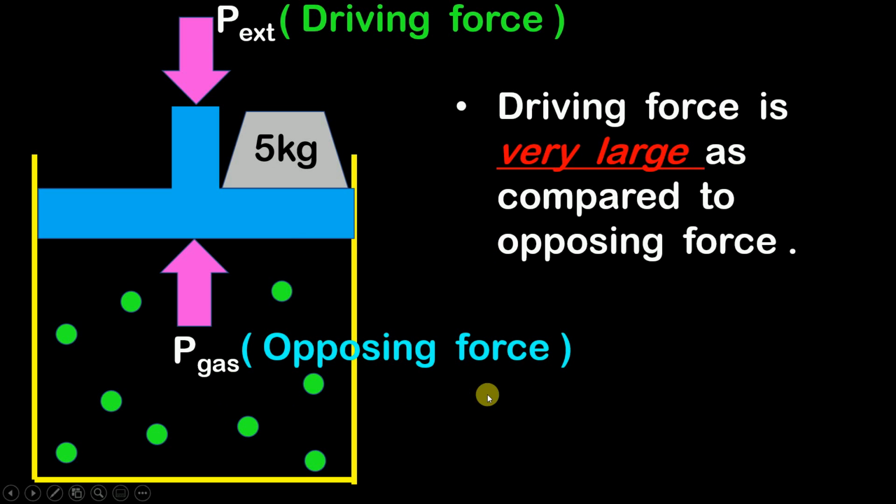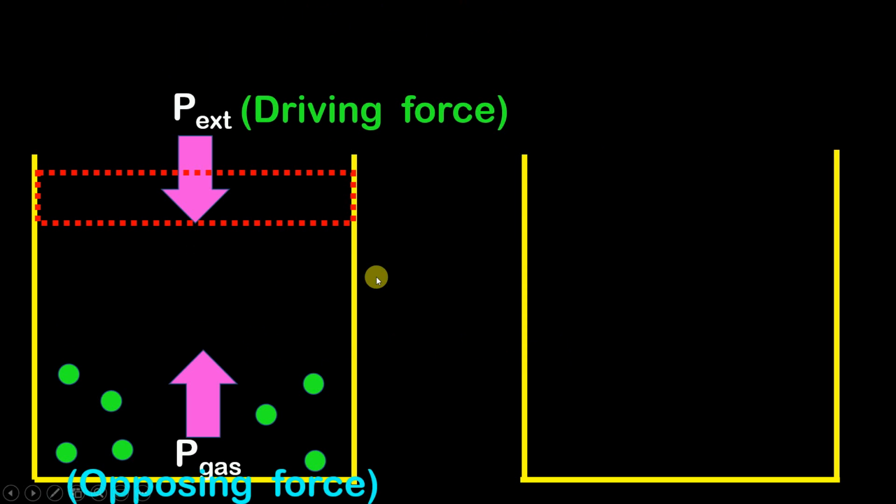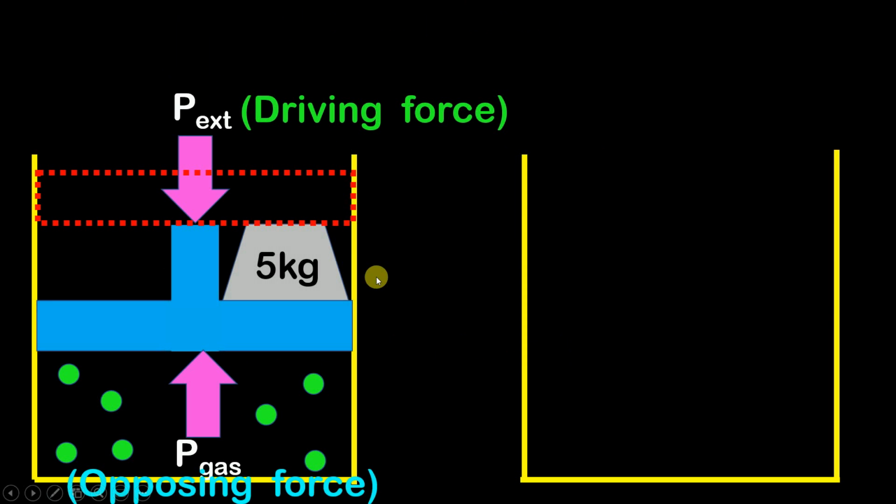And if the driving force is large, obviously this piston is going to move downwards. So as you can see over here, this piston was earlier at this position, but it has now moved to this position. So over here, obviously work is done, and you can obviously calculate the value of that work.